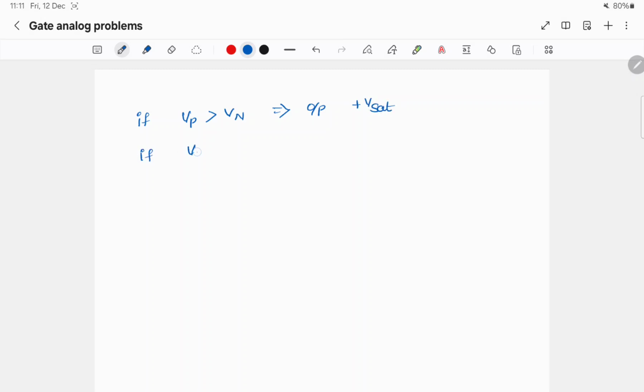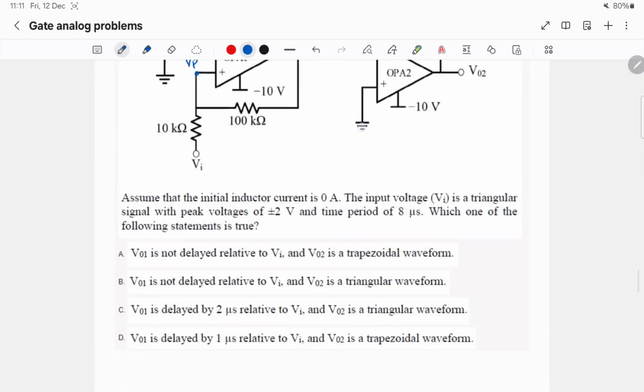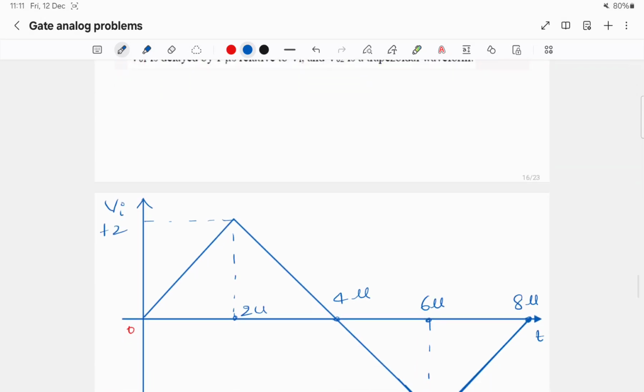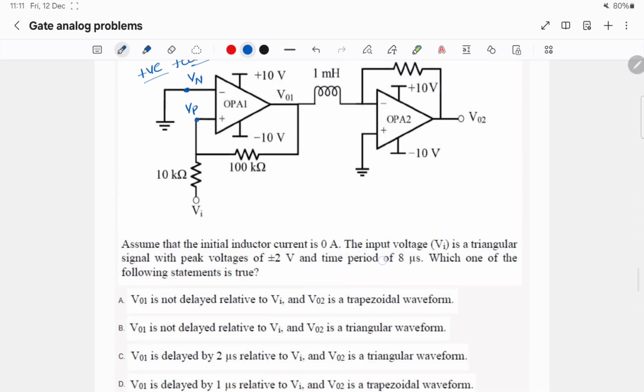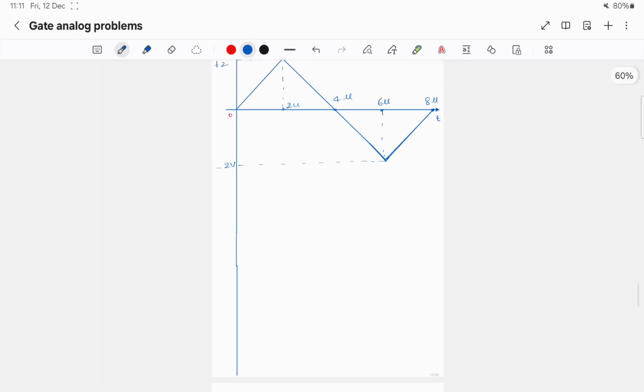If Vp is less than Vn, output will be negative Vsat. So initially the input voltage is greater than 0 volt, so the output will be at positive Vsat.